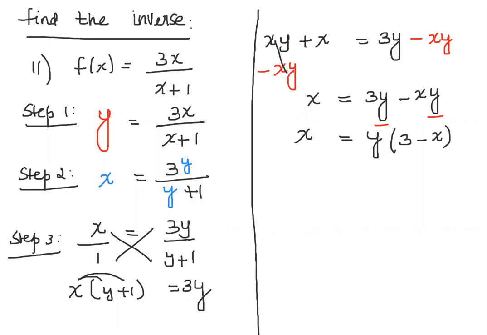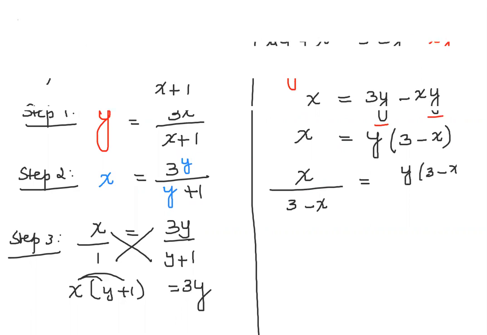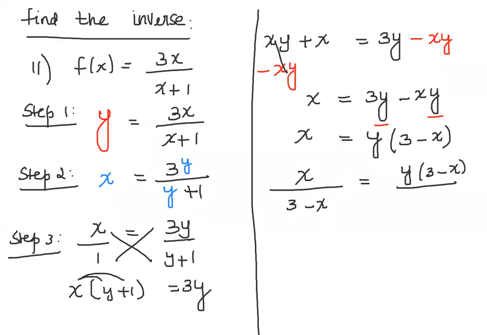Now get the y by itself. How do I get the y by itself? Divide both sides by 3 minus x. So I can get the y by itself. So I got y equals x over 3 minus x.